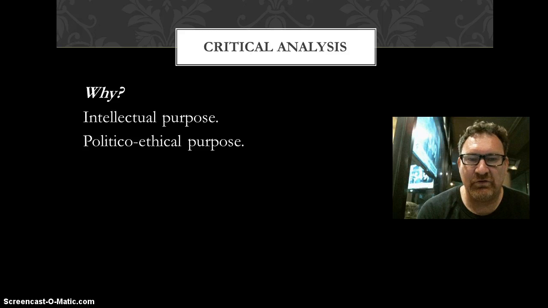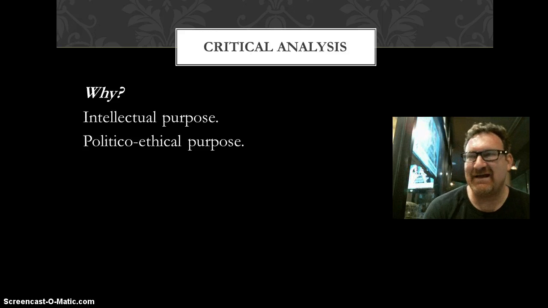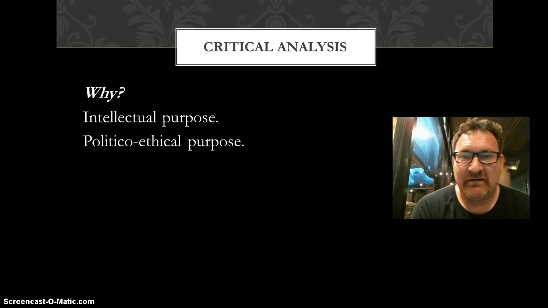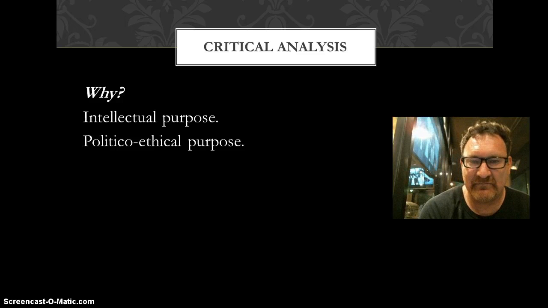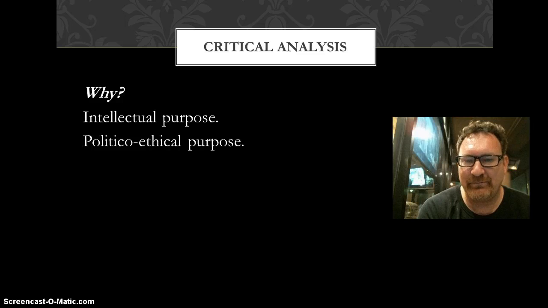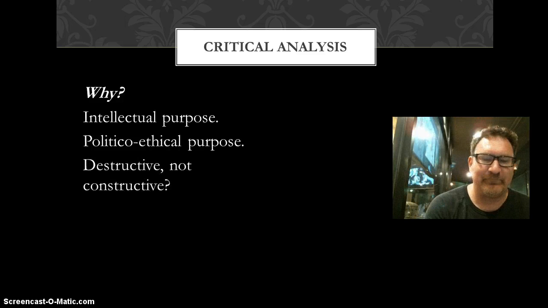Now, you would want to make sure that your analysis of X, whatever it is, which might have a significant consequence for many, many people, is right. You would want to make sure that analysis has stood up to the best tests that you can throw at it. So this is a political and ethical purpose of critical analysis.